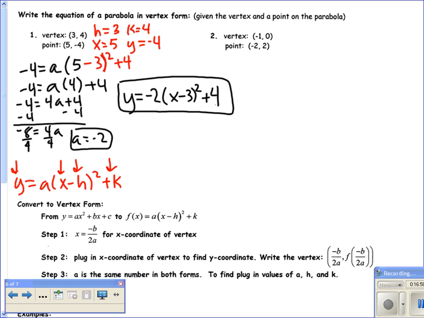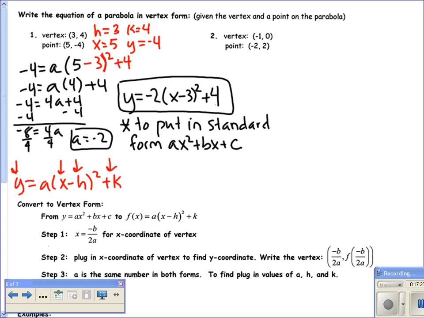Now, if I wanted to put this in standard form, how would I go about putting this in standard form? Well, standard form is ax squared plus bx plus c, and you have to FOIL this out, or box.